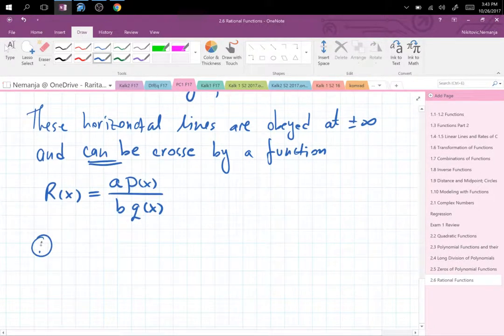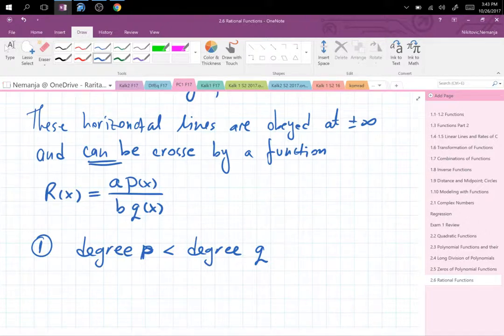Rule number 1 says, if the degree of p is smaller than the degree of q, the horizontal asymptote is at y equals 0.